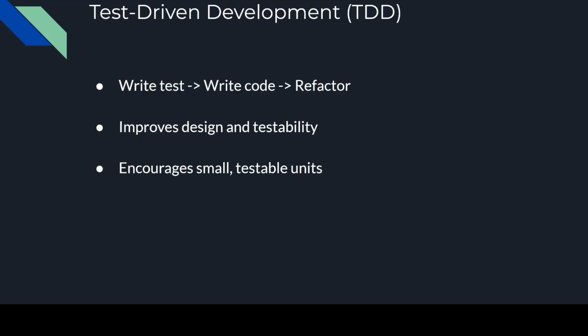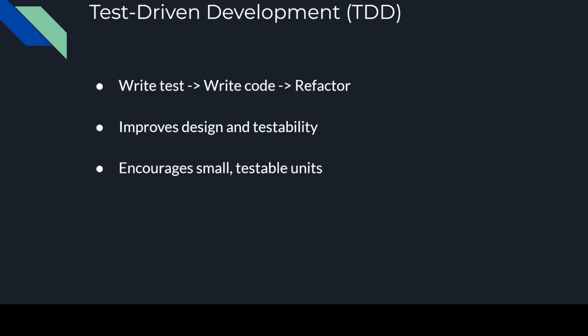TDD has many benefits. It encourages developers to think clearly about the requirements and edge cases before implementing logic. It leads to simpler, more focused functions because each one must be written to pass a specific test. It also means you build up a comprehensive test suite alongside your code.